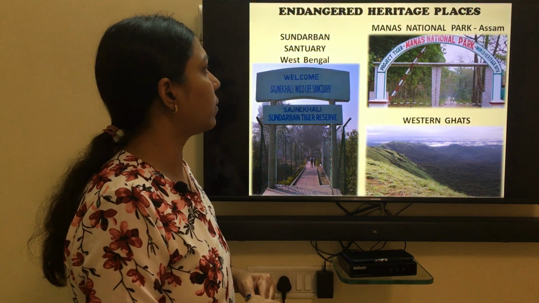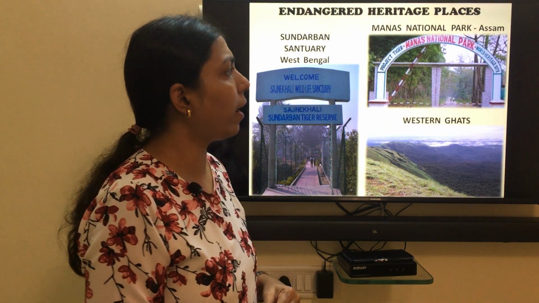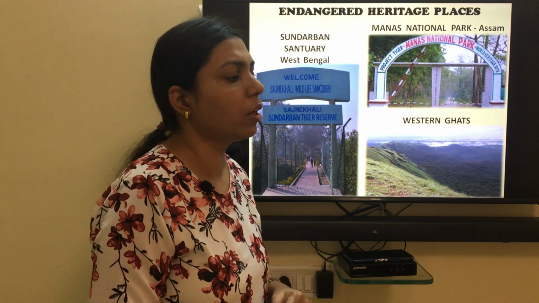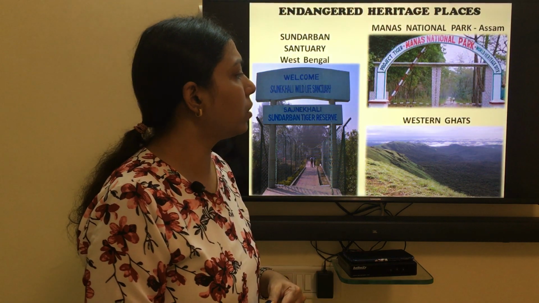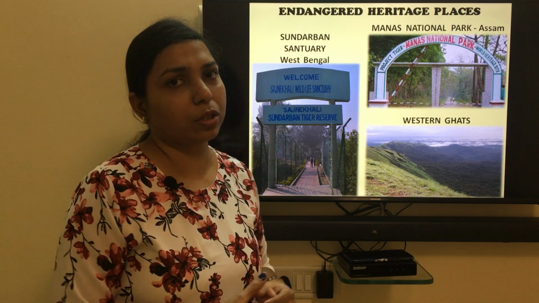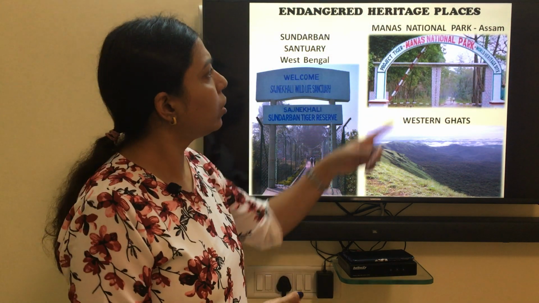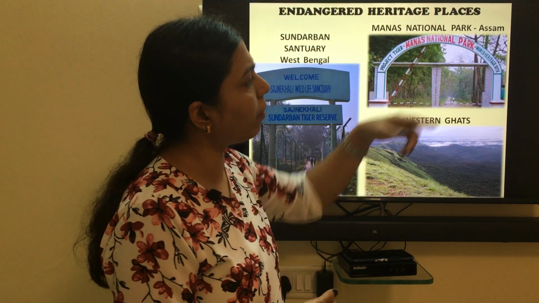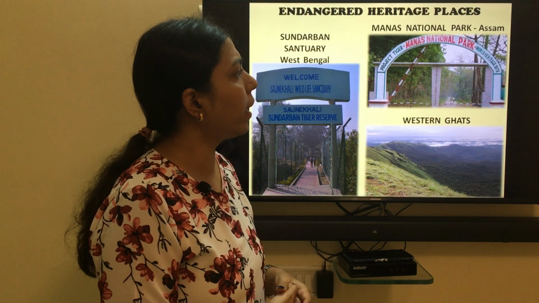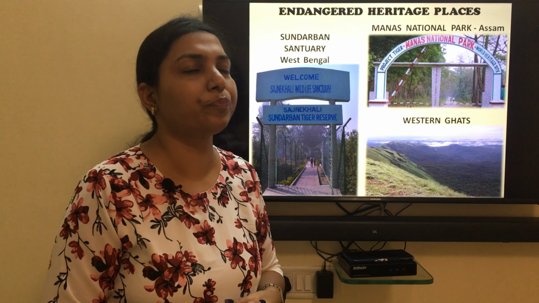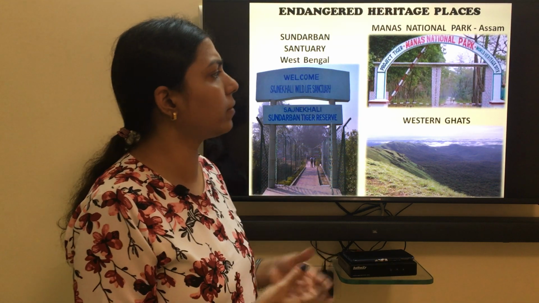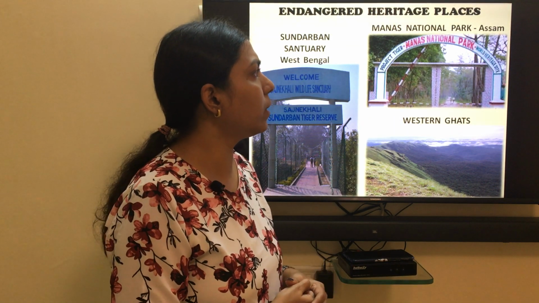Endangered heritage places. Now in India we have a few heritage places which are being maintained by the government, and which are providing a lot of protection to the animals which are there in them. You have the Manas National Park in Assam, which takes care of tigers and rhinoceros. It's a huge place. People go to visit the place.